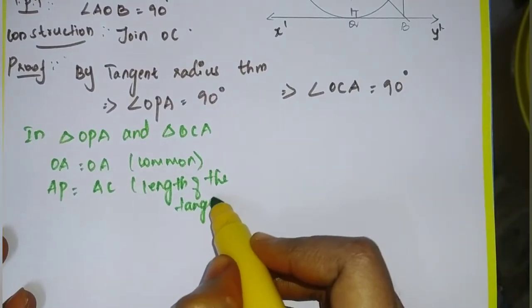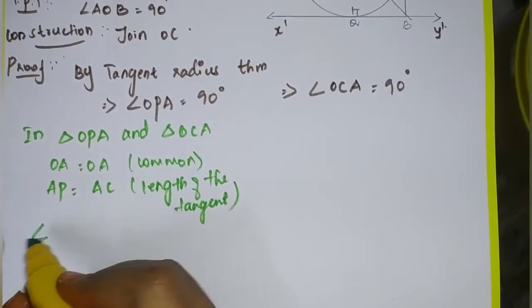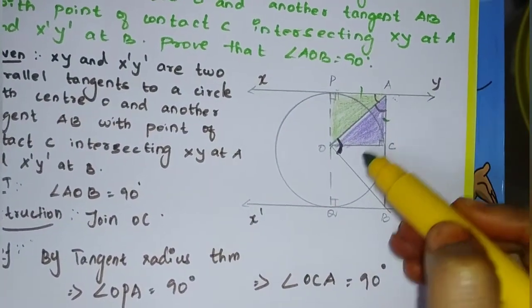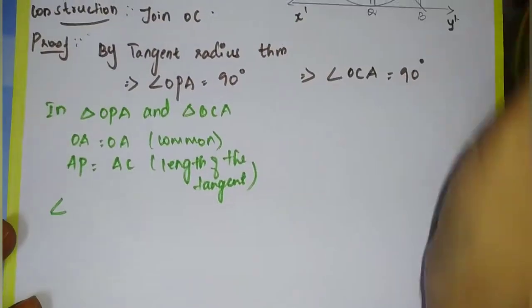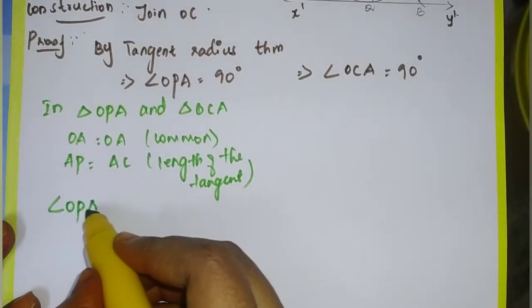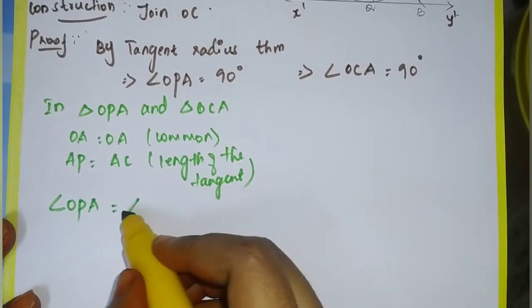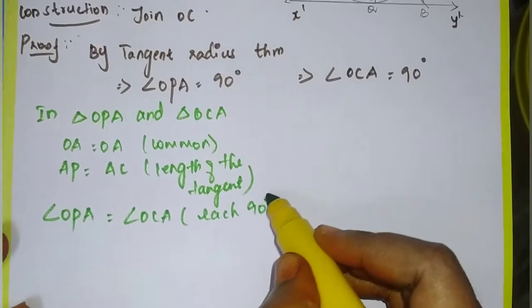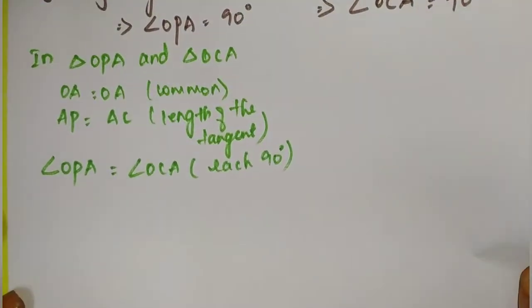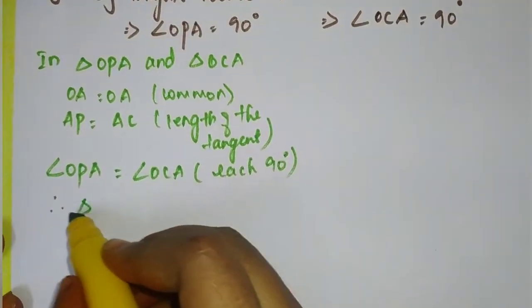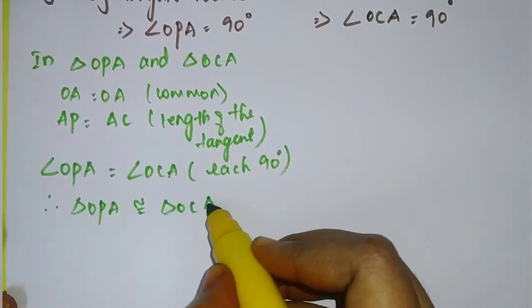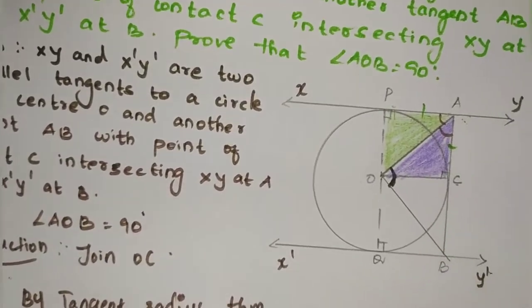And just now we told that angle OPA and angle OCA are 90 degrees. Angle OPA is equal to angle OCA, each 90 degrees. So now we can tell that triangle OPA is congruent to triangle OCA.